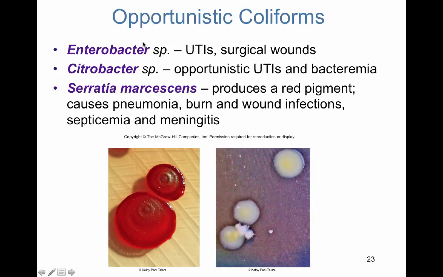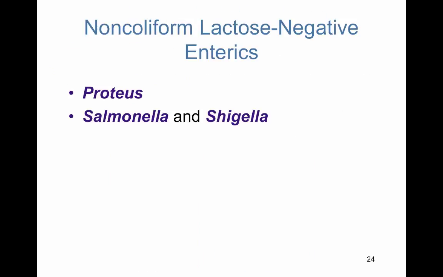We also have a few other opportunistic bacteria, which are coliforms, gram-negative: Enterobacter, UTIs as well, and wounds; Citrobacter, this would be opportunistic UTIs and sepsis. And then also the Serratia marcescens, which has this characteristic red pigment grown on agar, causes pneumonia, also burn and wound infections, blood infection, and also meningitis.